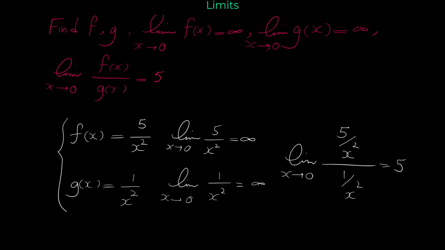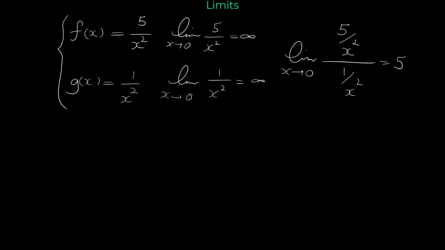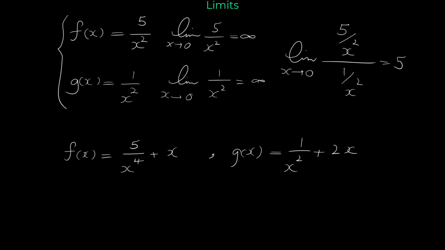And also, similar to the previous question, you can choose other examples, not necessarily only these examples. For example, another choice for f can be something like 5 over x to the 4 plus x, and g of x as 1 over x to the 2 plus 2x. Why?